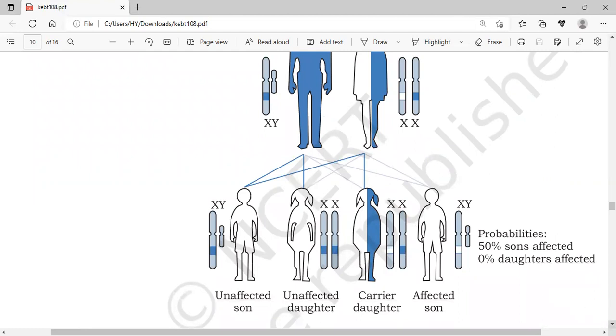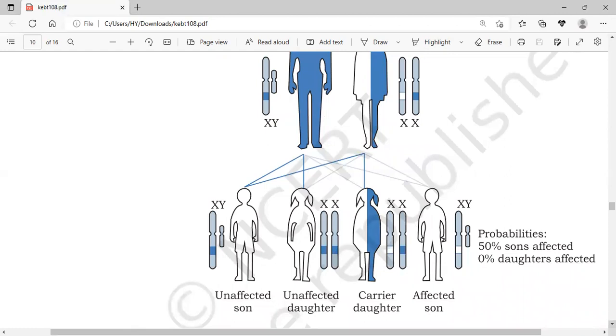Out of four children, the two sons differ because they have got the Y chromosome from the father. One son has got the normal X chromosome from the mother, and the other son has got the affected X chromosome from the mother.